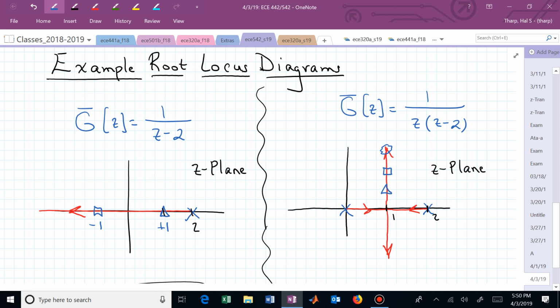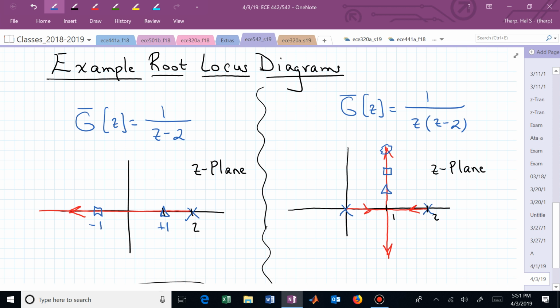So any point on that line, and what's special about that line is that it's halfway between those two poles. If it wasn't, then my angles wouldn't be related in the way that I'm suggesting they're related now.